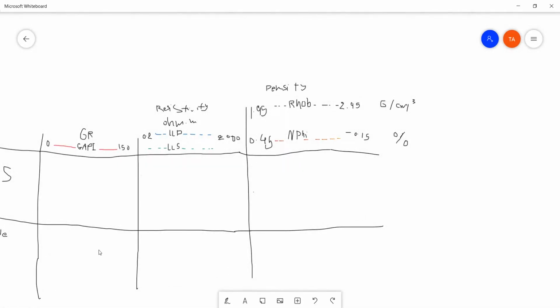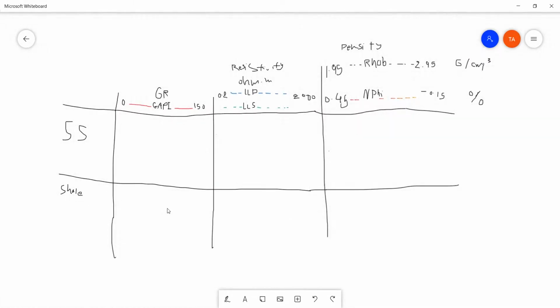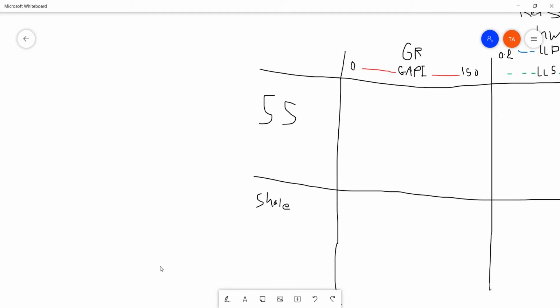So here, let's talk about gamma ray before we see its response. Gamma ray responds to the radioactive material in the formation, like potassium, uranium, thorium, and it's used to calculate the shale volume. It's used also to determine the limits of the formation.